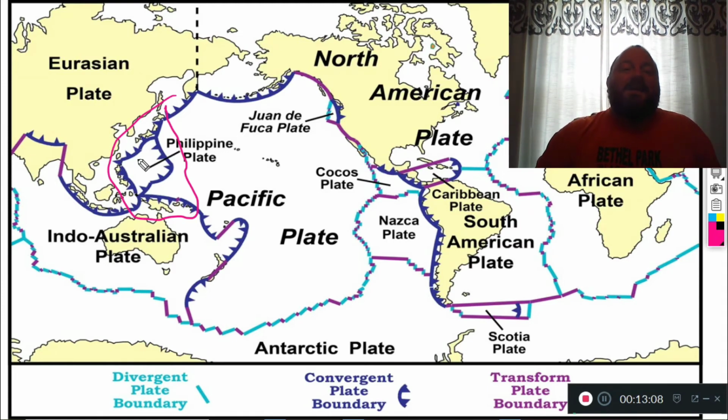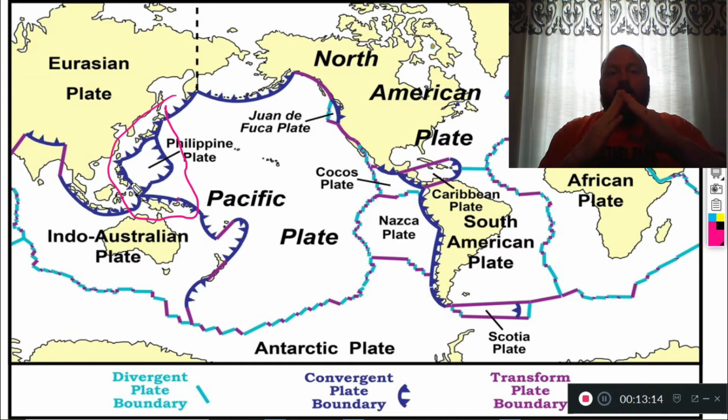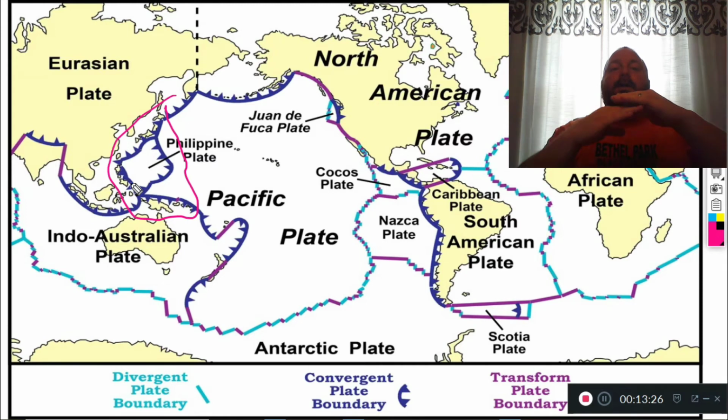So when you look at this area here, first thing you want to note, it's a convergent boundary. So the two plates are coming in contact with one another. As that convergent boundary happens, one of the plates is sliding underneath, melting into the mantle. As it melts into the mantle, that's going to increase the magma pressure. That magma pressure has the ability to punch up through the surface and create volcanoes.